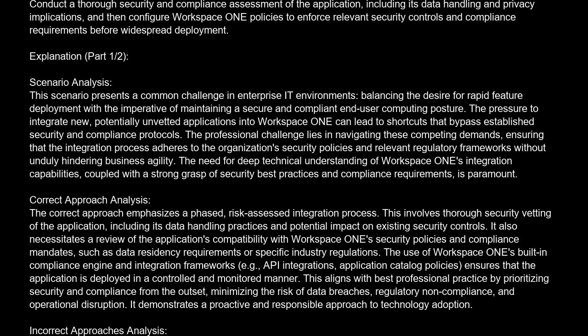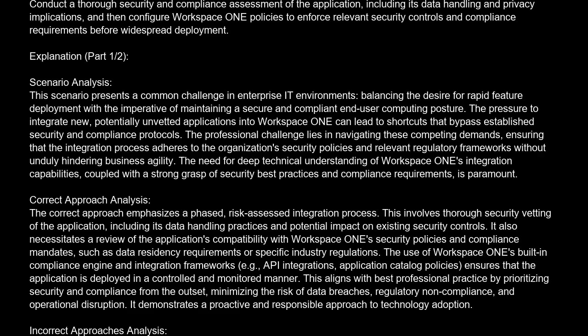Explanation. Scenario analysis. This scenario presents a common challenge in enterprise IT environments, balancing the desire for rapid feature deployment with the imperative of maintaining a secure and compliant end-user computing posture. The pressure to integrate new, potentially unvetted applications into Workspace ONE can lead to shortcuts that bypass established security and compliance protocols.